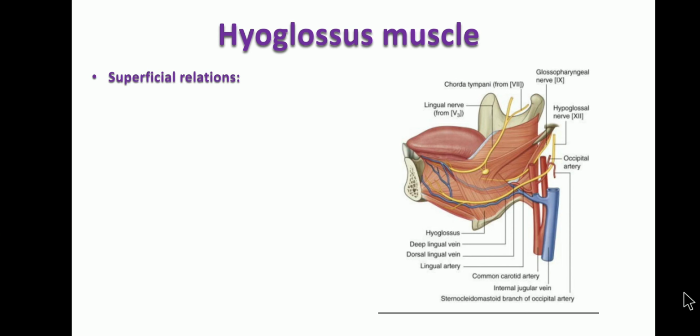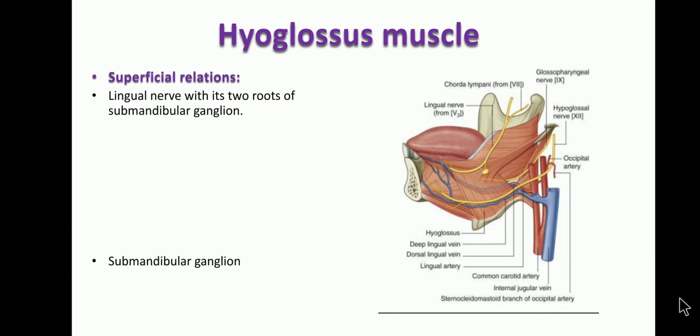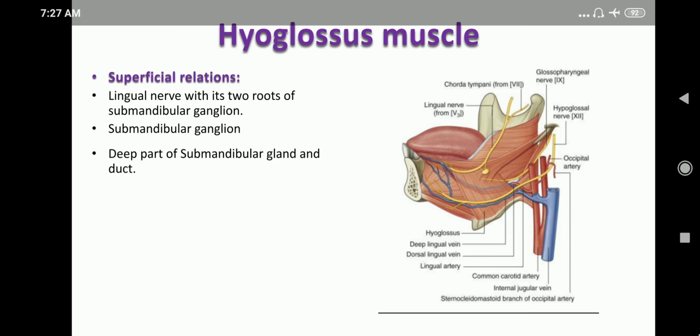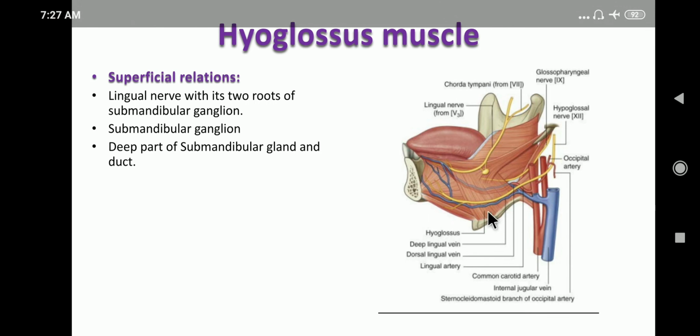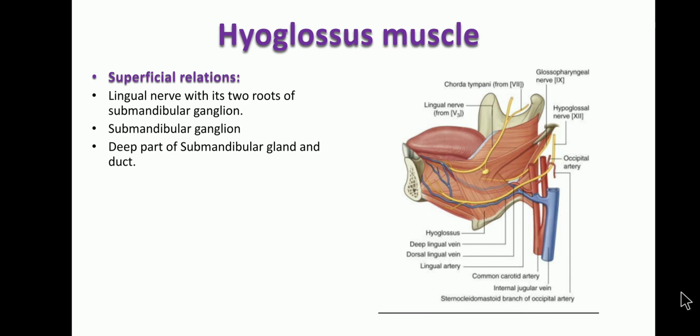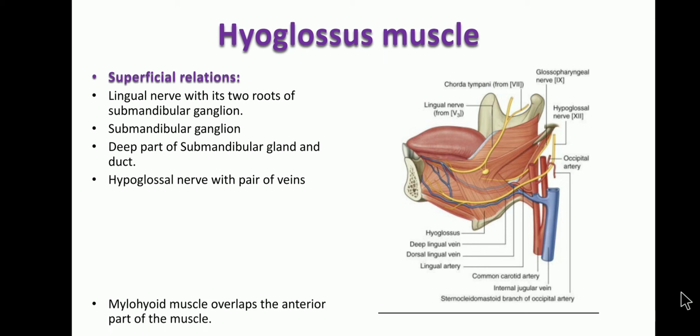Coming to the relations, on top of the hyoglossus you mainly come across the lingual nerve, the submandibular ganglion, then the deep part of the submandibular gland, then the hypoglossal nerve with the venae comitantes. The submandibular gland is not shown in this picture, and below you can see the hypoglossal nerve with its pair of veins.